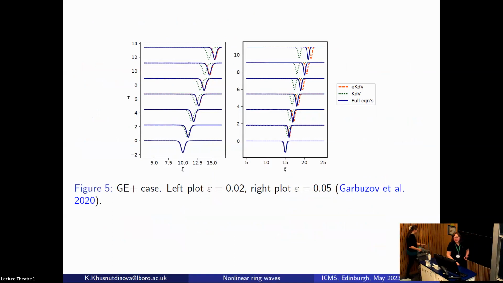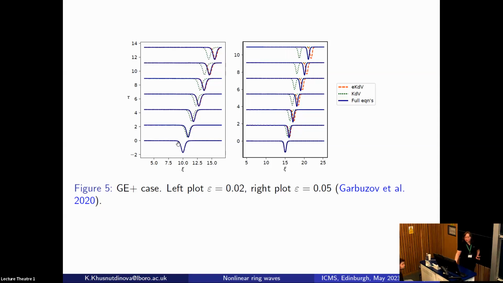And that's the comparison of the full numerical simulations, which is blue, and predictions from KdV and extended KdV. And we can see there are two versions of Gardner, Gardner plus, Gardner minus. This is the Gardner plus version. KdV is green, and there is a significant phase shift.